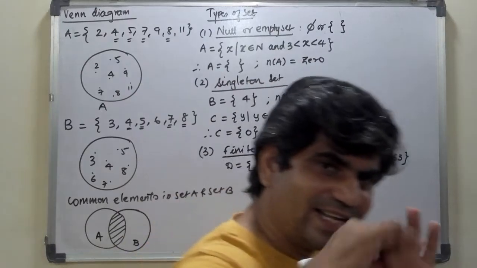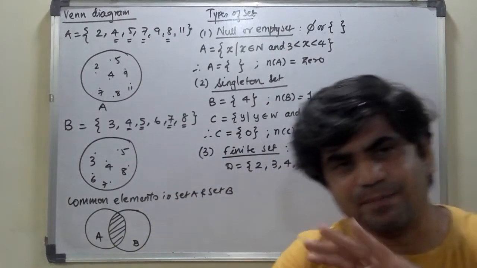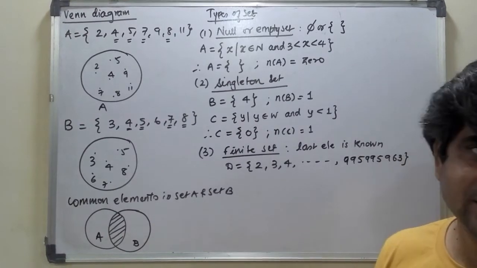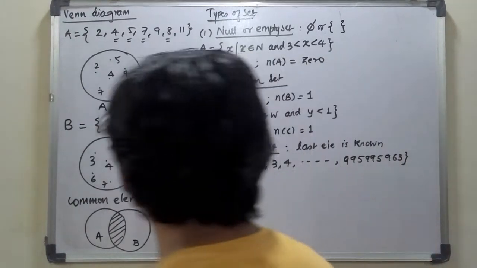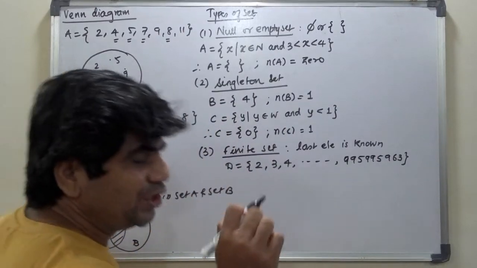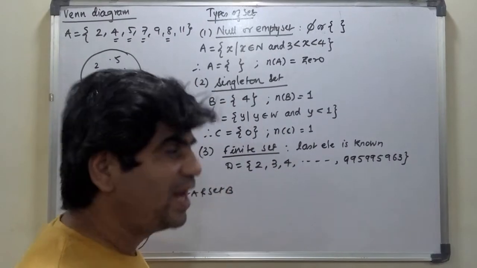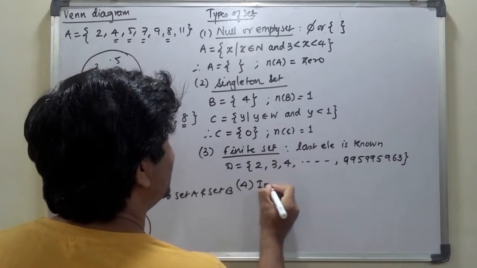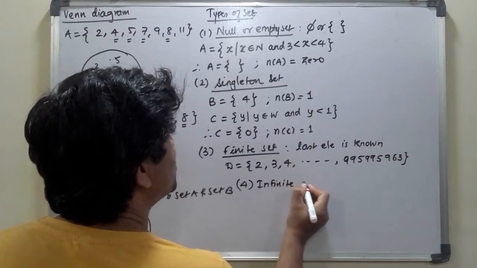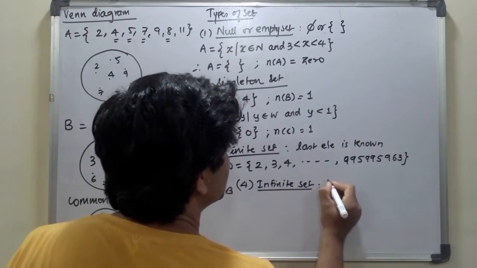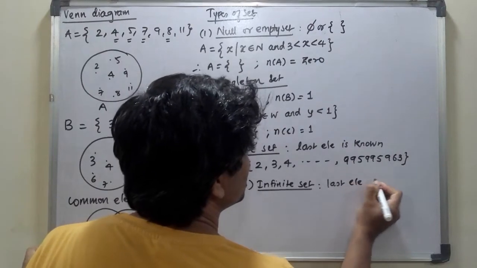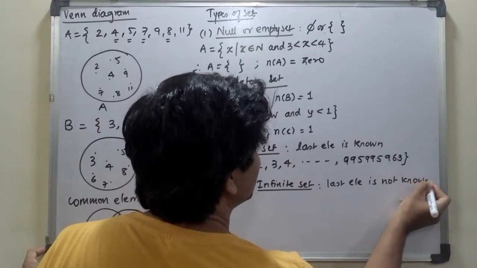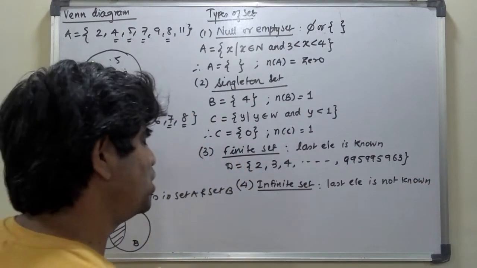Means somewhere it is ending. How much big it is, that is not needed. लेकिन it ends ना. Yes. So this is called as finite set. That is, you have countable number of elements. But on the contrary, if you cannot count the number of elements, then it is called as infinite set, in which the last element is never known.